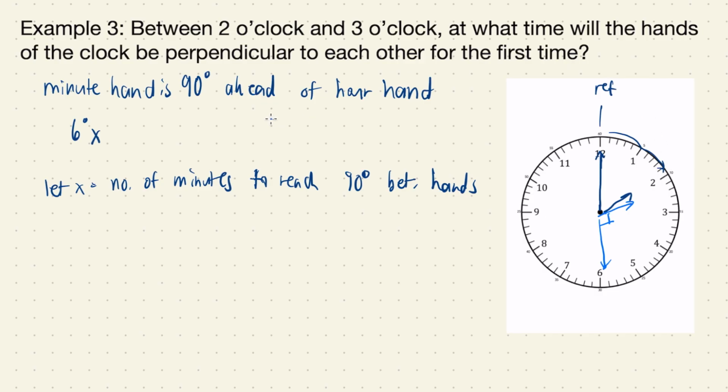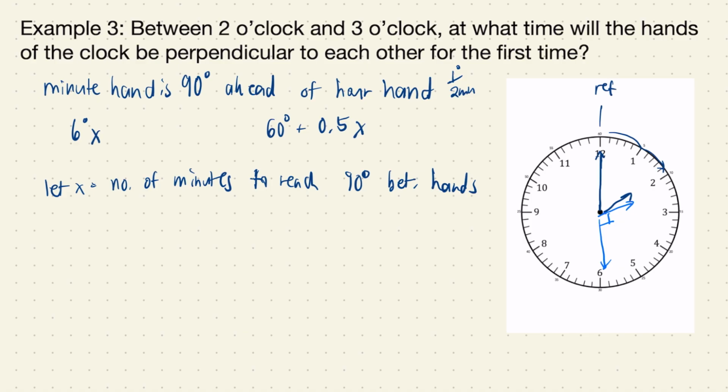So it will be 60 degrees plus, as you all know, yung hour hand, nagmo-move siya ng 1 degree per 2 minutes or 0.5. So you just multiply that by x.